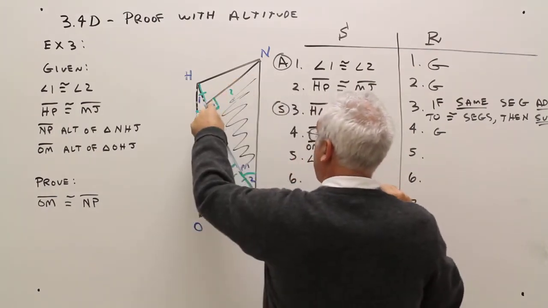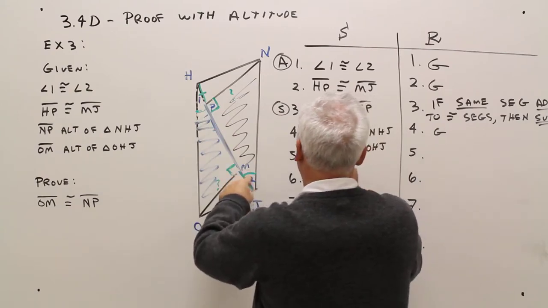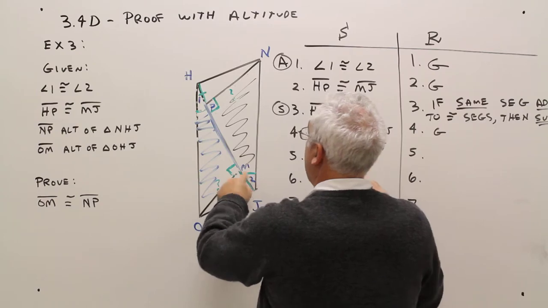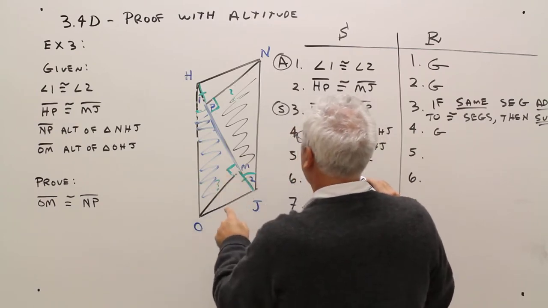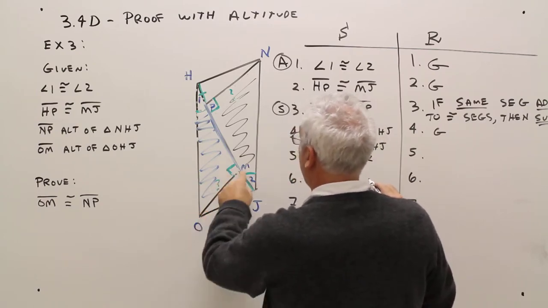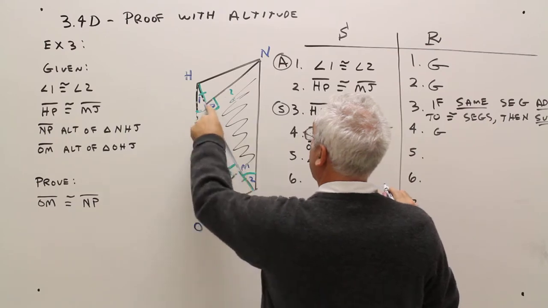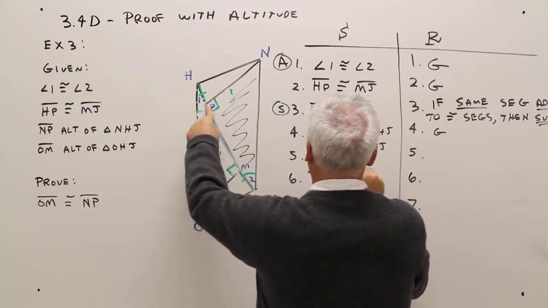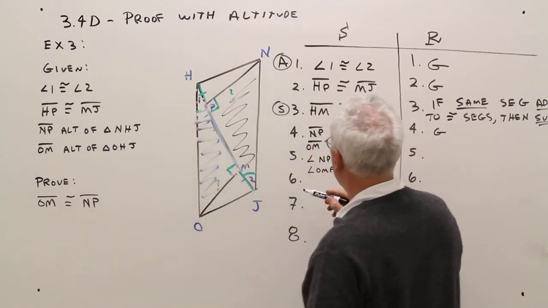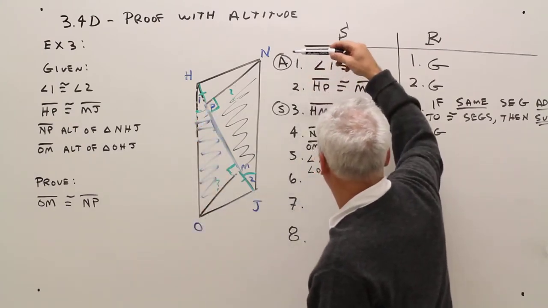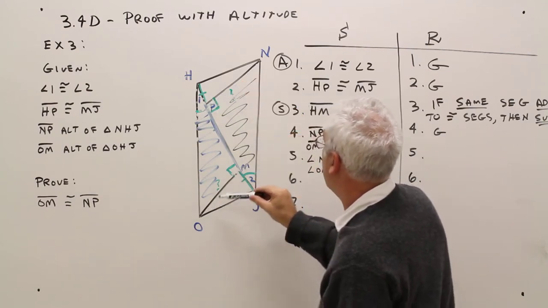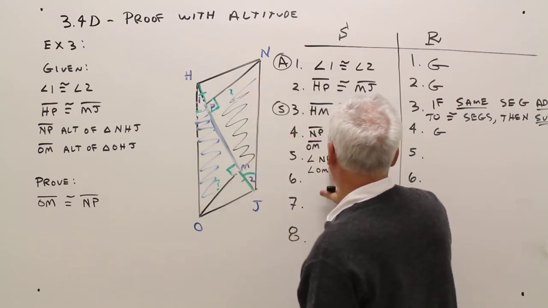All right, so I'll say angle, let's be careful here. Angle NPM is a right angle. And also, I'll go angle OMP is a right angle. So let me just make sure I did that correctly. NPM and OM, I'm gonna go OMH, just as part of it.